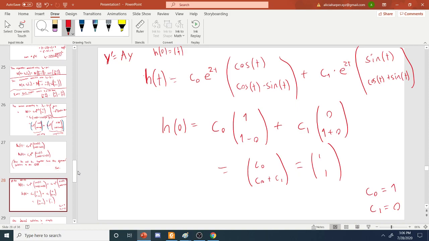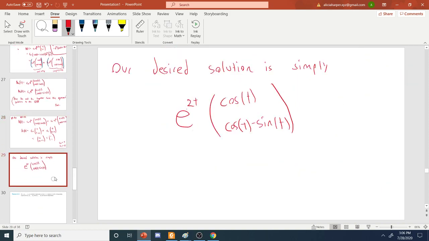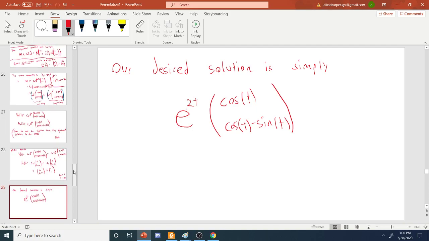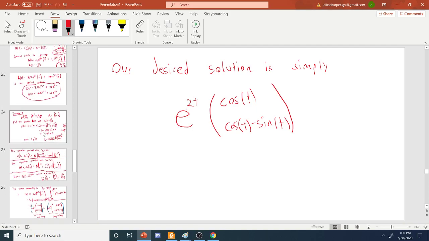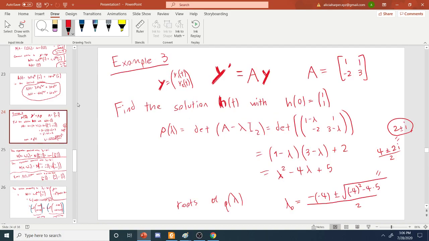We found that c0 has to be 1 and c1 has to be 0. And that finally gave us our desired solution. So that completes the computation of the solutions of this differential equation.